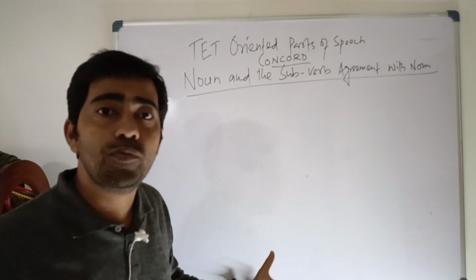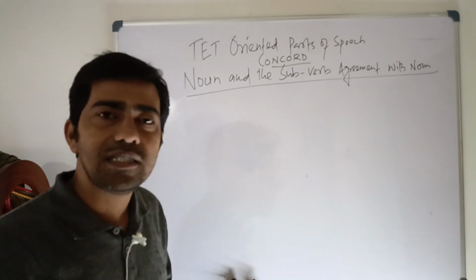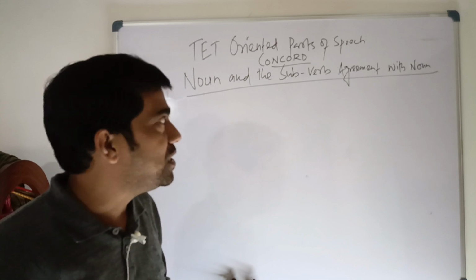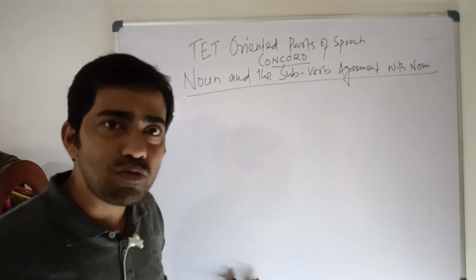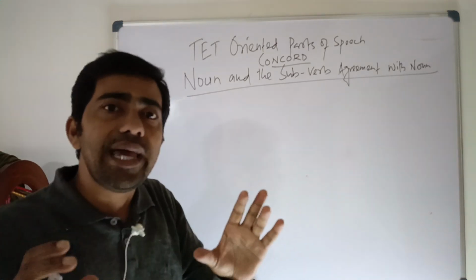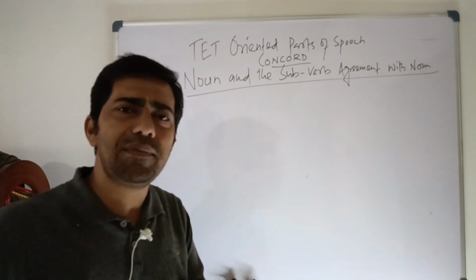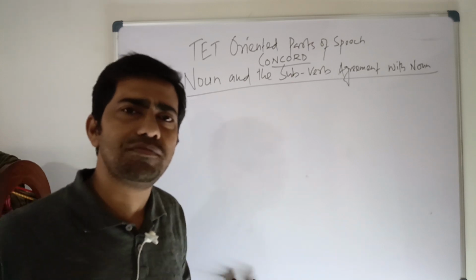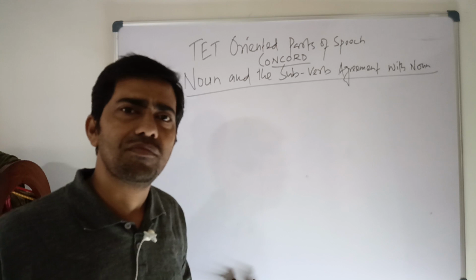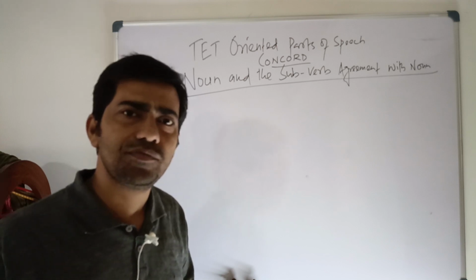You all know how many parts of speech there are in English grammar. Needless to say, 8 types of parts of speech are there. Within the 8 types of parts of speech, all the competitive level questions used to come from the applied version of parts of speech.